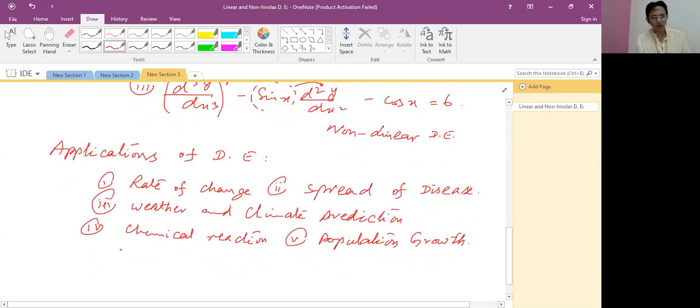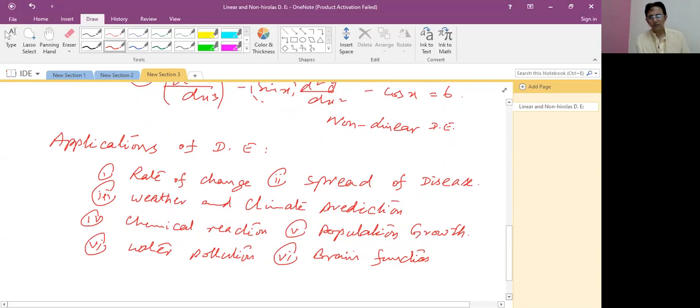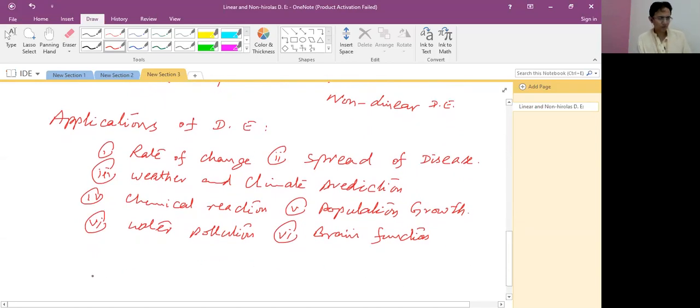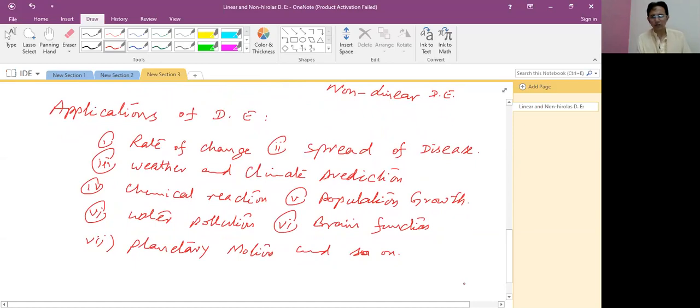Brain function, water pollution, planetary motion. So these are examples of differential equations in real life, and so on.